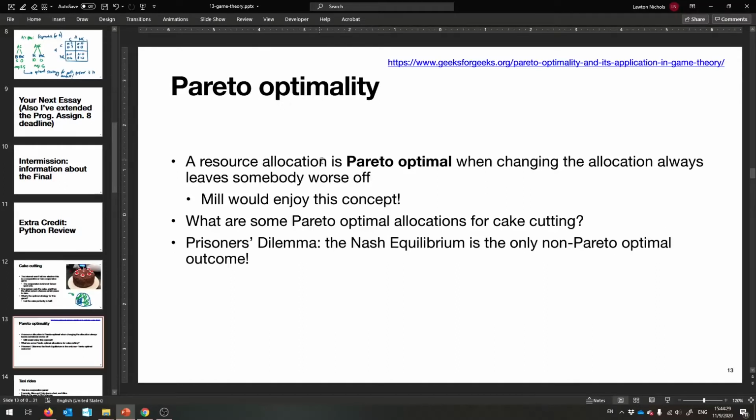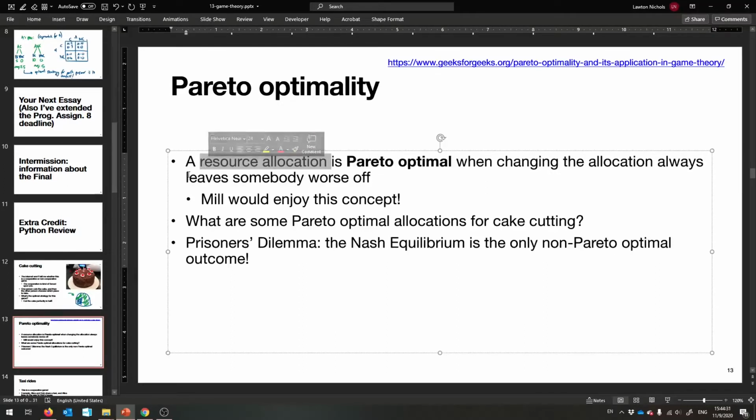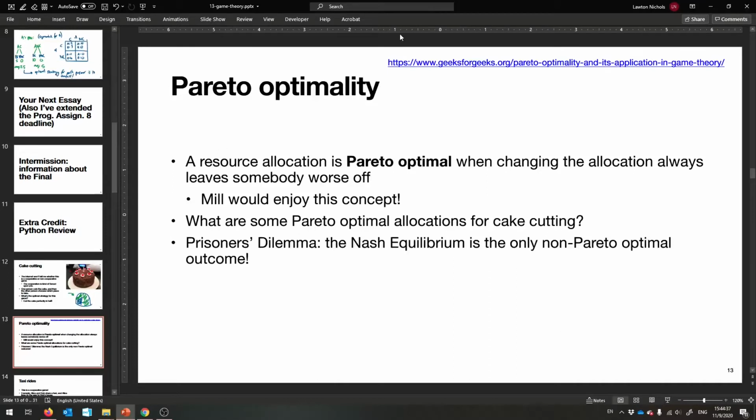So what we have done in cake cutting is we've allocated resources. It's just a fancy word for that. So we have some resources, a cake, and we have allocated them. We've cut it, okay? A slice, okay?